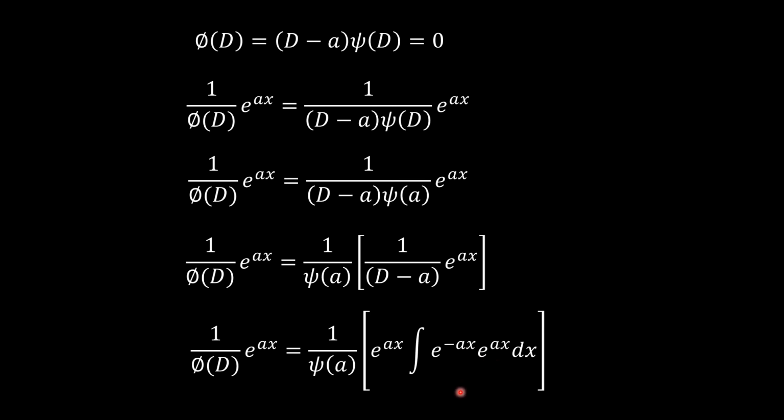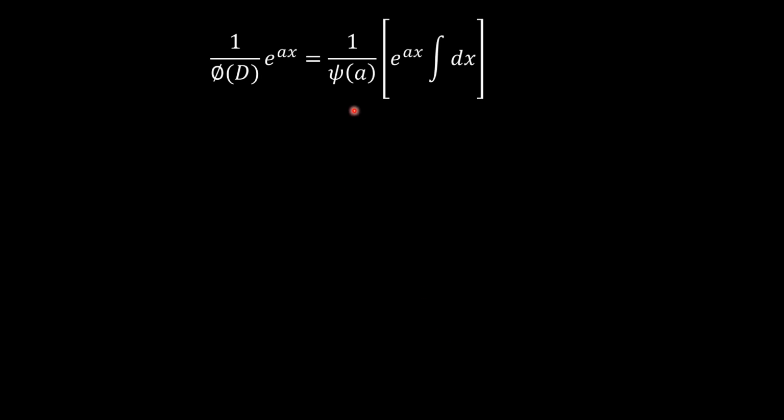Simplify the integrand. That will give us e raised to minus x plus x, that is e raised to 0, which is 1. Hence we get 1 upon psi of a into e raised to x integration 1 dx, whose integration is x.